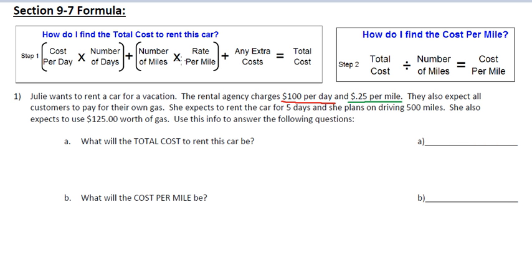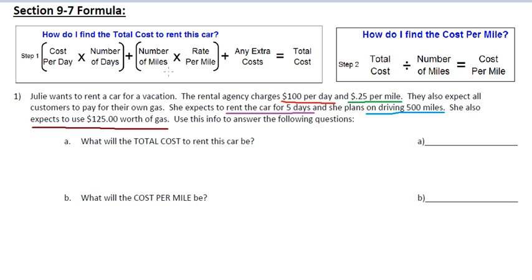So keep that in mind when you go to rent a car. Well, Julie expects to rent the car for 5 days, and she plans on driving approximately 500 miles. She has also done some math and figured out that she expects to use about $125 worth of gas. The cool thing is you can find calculators online that can help you calculate that.